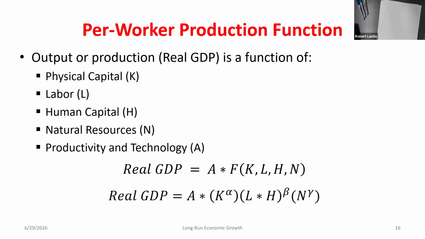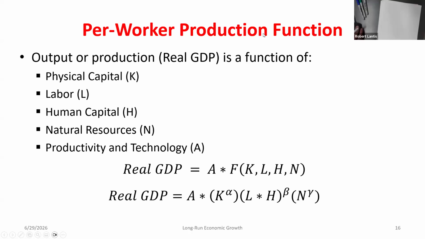So we're going to focus just on K and L, but the form that we're going to have for this production function is K raised to a certain power, L times H, for us right now just L, raised to a certain power, and we're going to ignore natural resources. We could add that in. It's just more components we'd have to keep track of. I want to keep the math a little bit easier here.